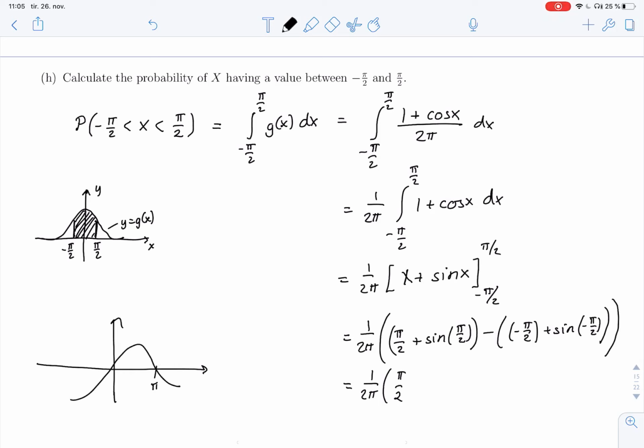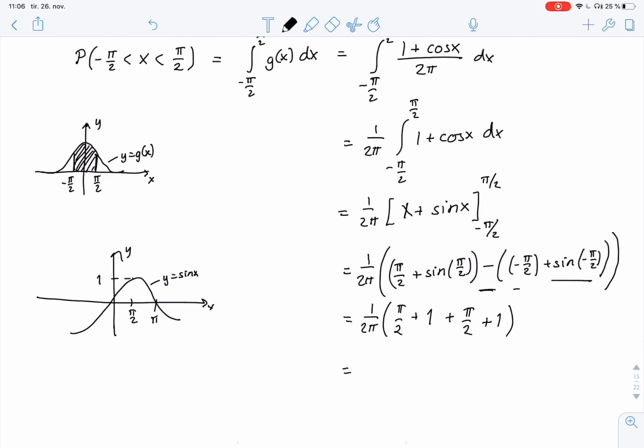So we have pi here, pi half here, so we will have 1. And then we have minus pi half. A minus and a minus gives us plus, and this one would be minus 1 with a minus and plus, that would be a plus 1.